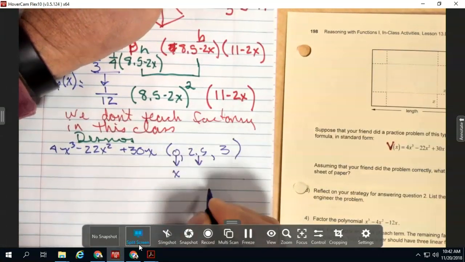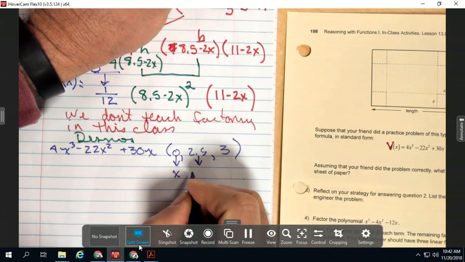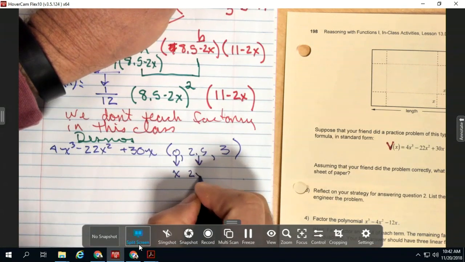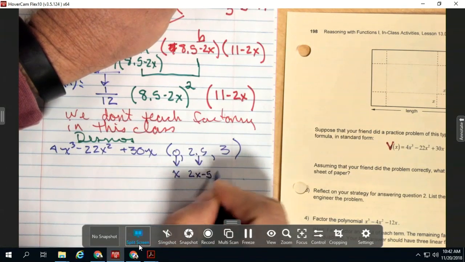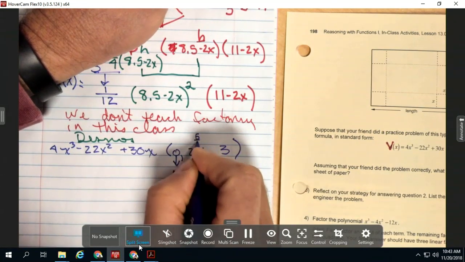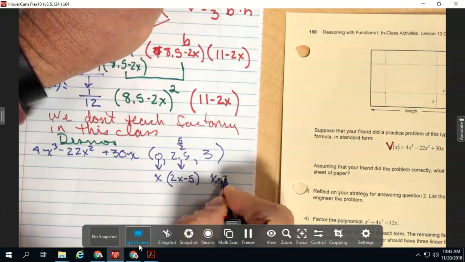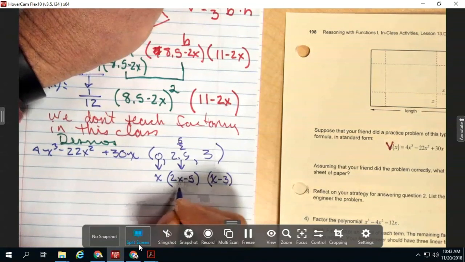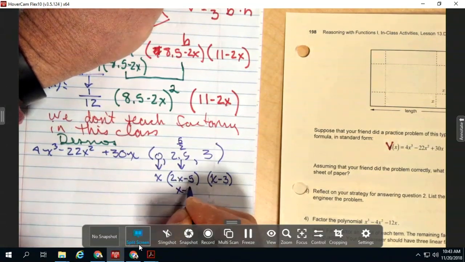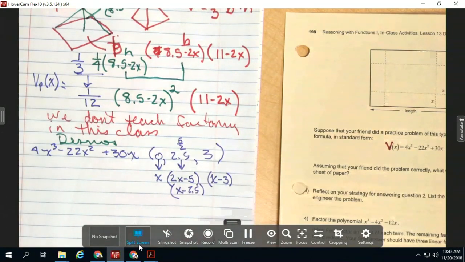X, 2x minus 5, because I rewrote this as a fraction, 5 halves, and this one x minus 3.